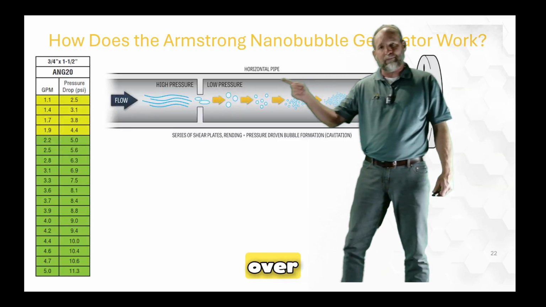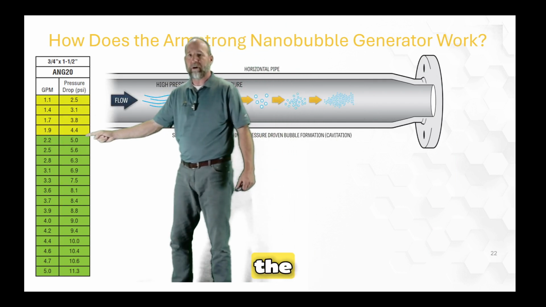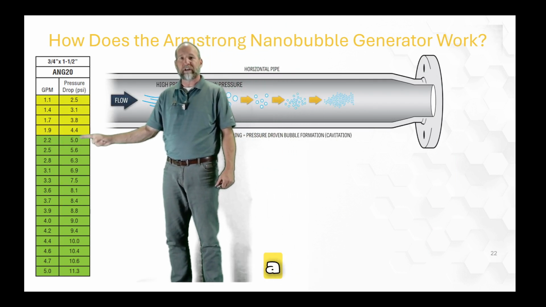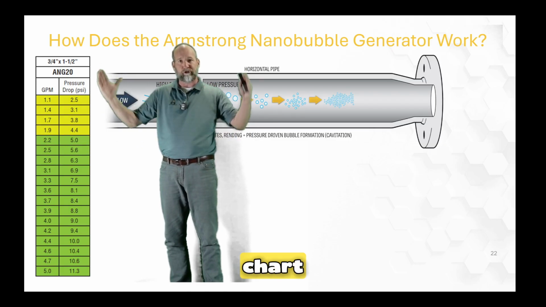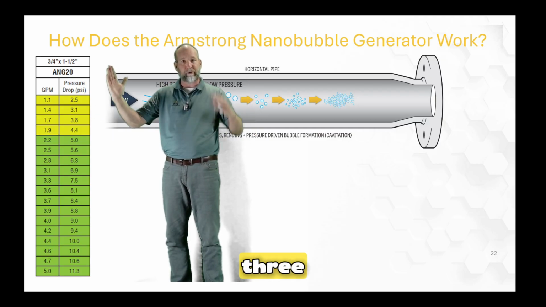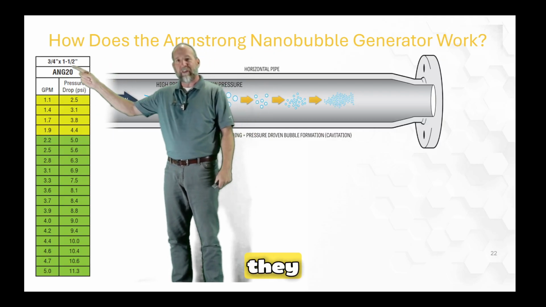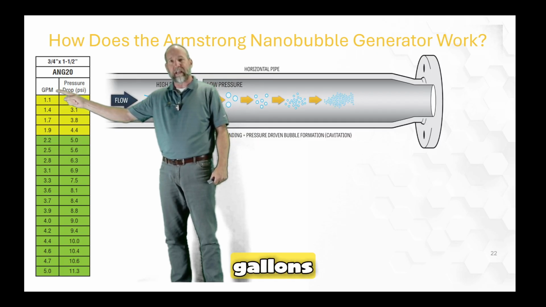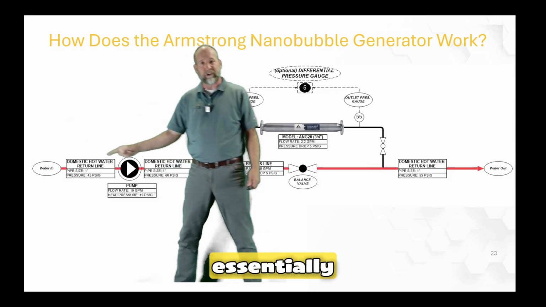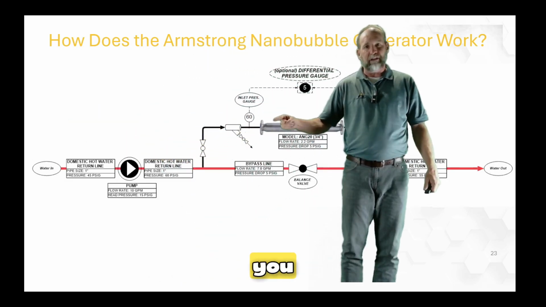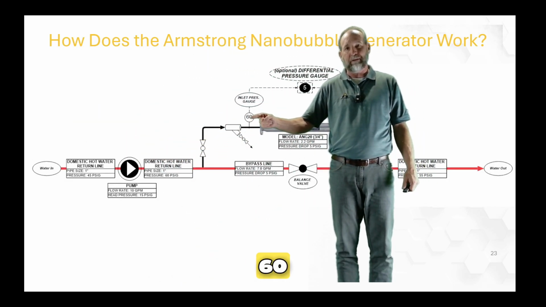Remember we were looking over here? So at the optimal flow rate, you're looking at a 5 PSI pressure drop. So this chart is just showing one nanobubble generator. In the IOM, there's a full chart showing all the sizes from 3/4 inch up to 6 inch, and they all look the same. They have a flow rate in gallons per minute and the corresponding pressure drop, meaning that essentially when water flows in one side, you have a certain pressure, in our case, 60 pounds of pressure.